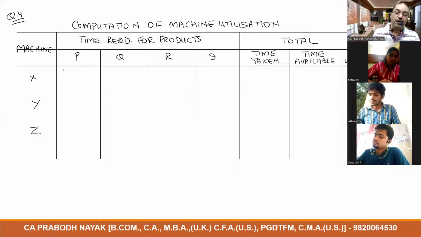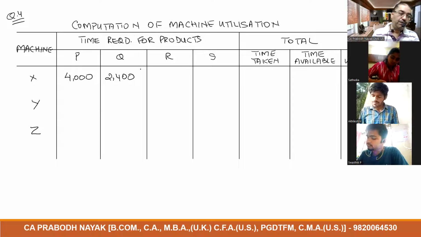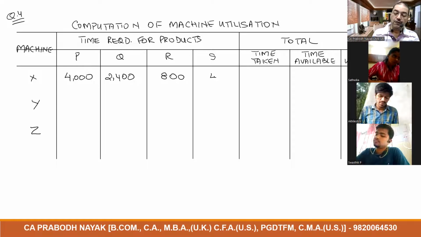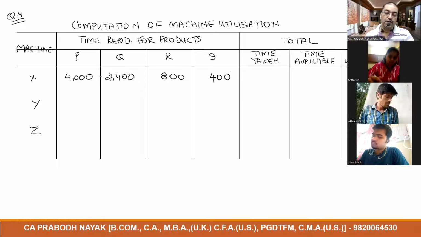In the first case, I will get 4,000 hours. 12 into 200 is 2,400 hours. Then 800 hours. 400 hours. So time taken, total of all this, is 7,600.